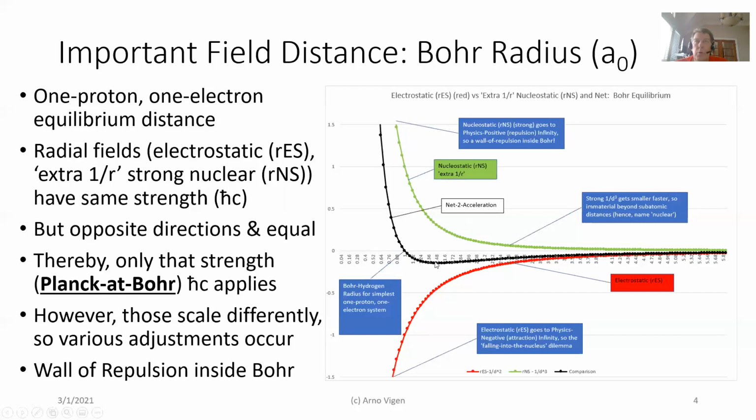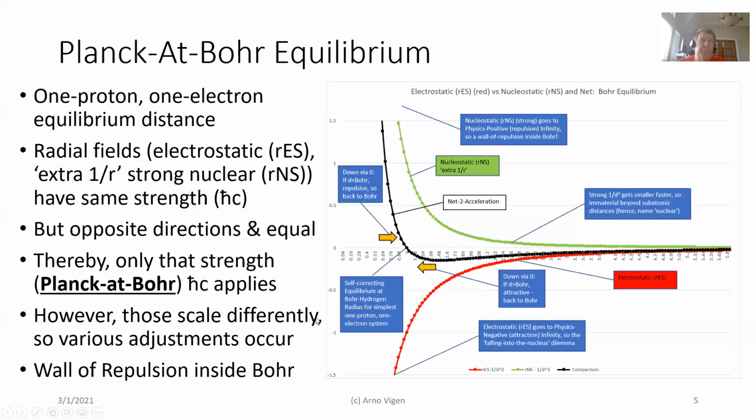If they go farther away, that physics negative actually pulls them back. Through 0, from physics positive to physics negative, is a self-correcting equilibrium. You go further away, it's pulled back. You get closer, that wall of repulsion pushes it back.